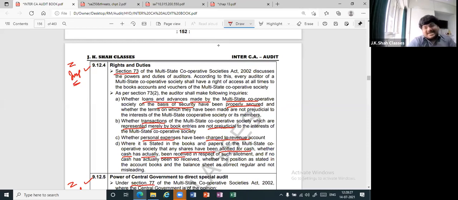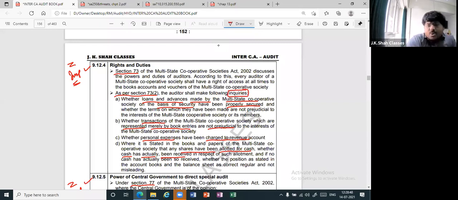See, Section 73 of the MSCS Act discusses the powers and the duties of the auditor. According to this, every auditor of a multi-state cooperative society shall have a right of access at all times to the books of accounts and vouchers of the society. Acha. Thereafter, as per Section 73(2), he shall make the following inquiries.